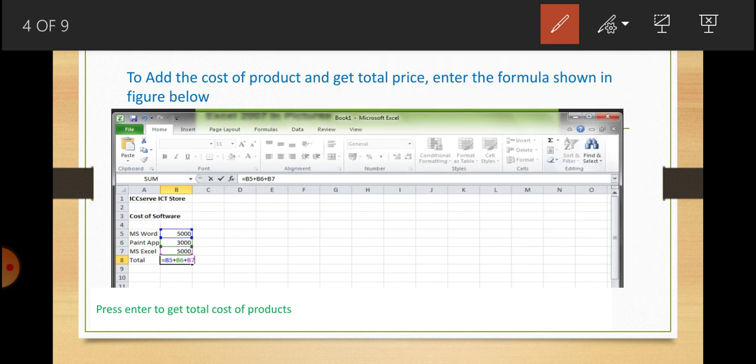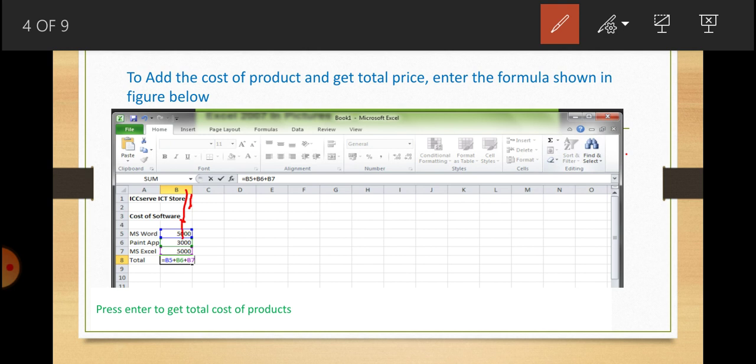You need to understand how these rows and columns work. The rows are numbered, the columns are in alphabets. If you look at the formula here, it says equals to B5. Where is B5? This is B. If this is B, I count the rows under B: row 1, row 2, row 3, row 4, row 5.